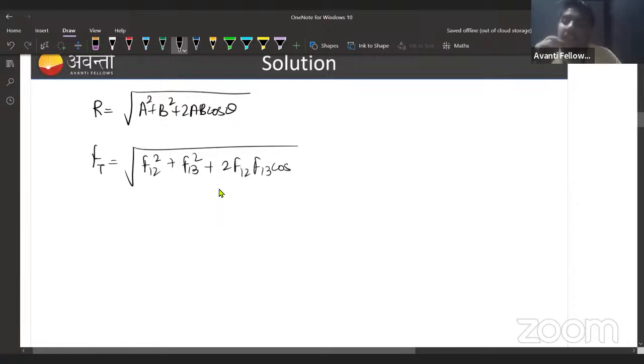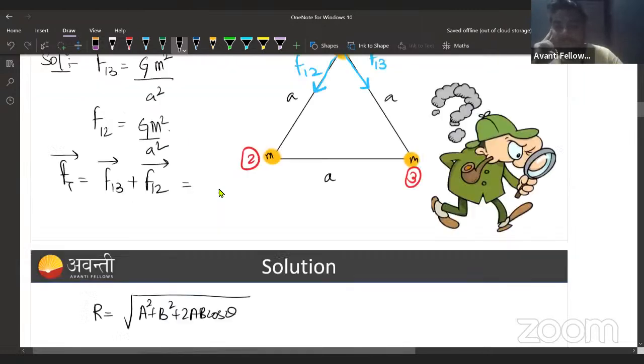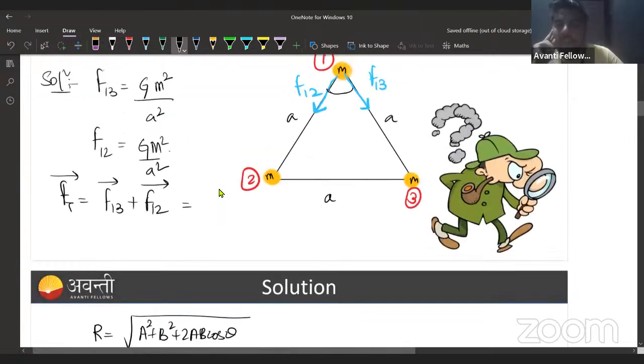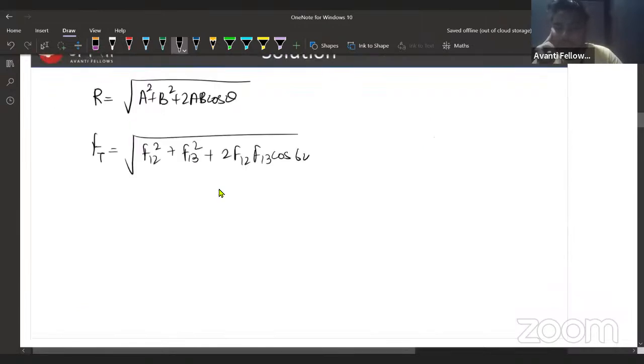What is the angle between F13 and F12? The angle between these two forces is 60 degrees. How can I say that? Because this triangle is an equilateral triangle, so the angle between these two is 60 degrees. So I'll mention here cos 60. Theta is the angle between the two vectors.